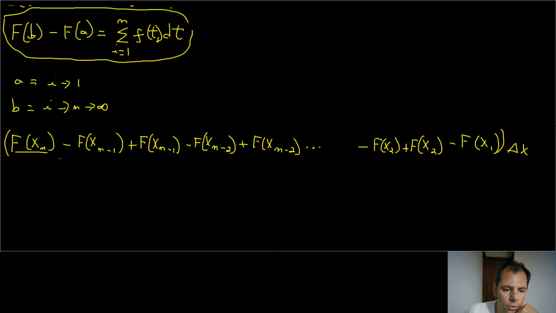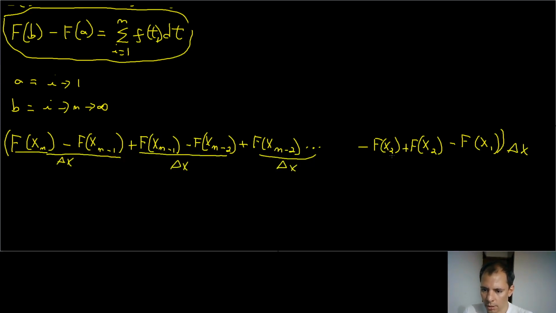So you can take these two and divide them by delta x, and these two and divide them by delta x, and those two as well. Then you have these two right here, divided by delta x, and this one divided by delta x. So this delta x simplifies with this one, and this one also simplifies with this one, so you can cut all these delta x's. I still didn't alter anything in the overall equation.